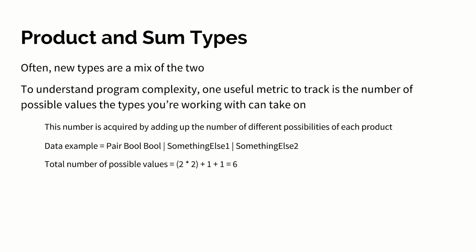The second and the third options each can only be one thing, the simple something else 1 and the something else 2. The first possibility, the pair of bools, has 4 possible values. It can be true or false in the first slot, and it can be true or false in the second slot. So it has 2 times 2 or 4 possible values. So this example data type can be up to 6 different values.